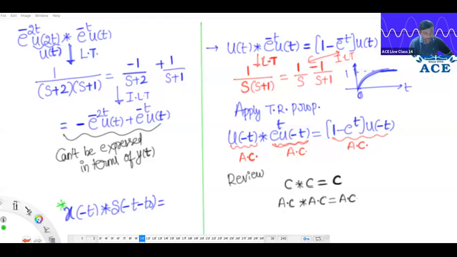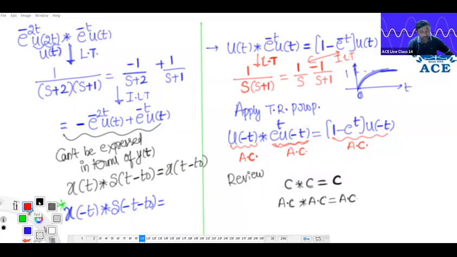We clearly know the convolution property of the impulse already. We know x of t convolved with delta of t minus t naught is x of t minus t naught.